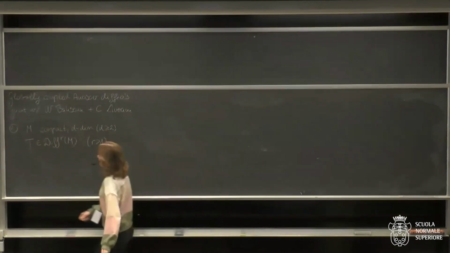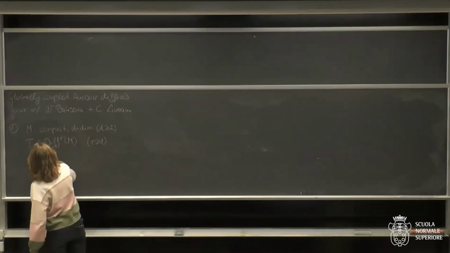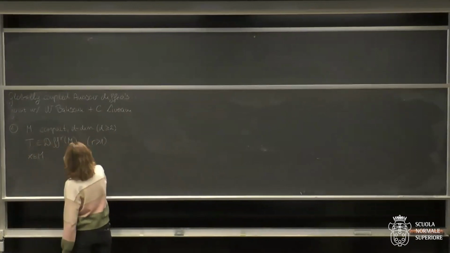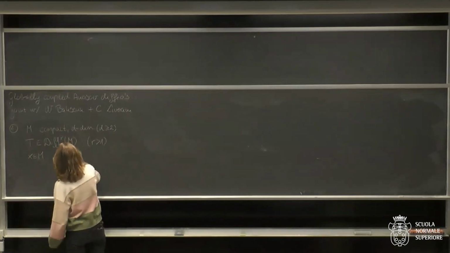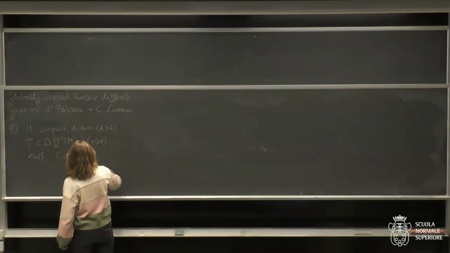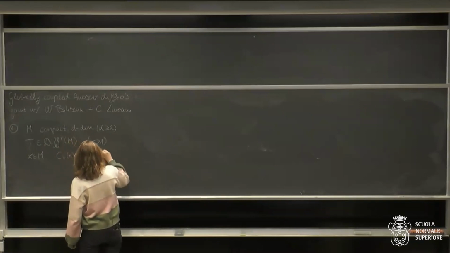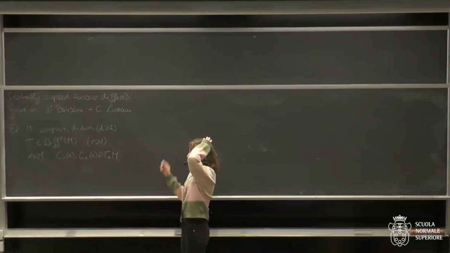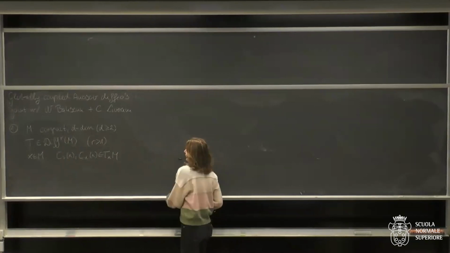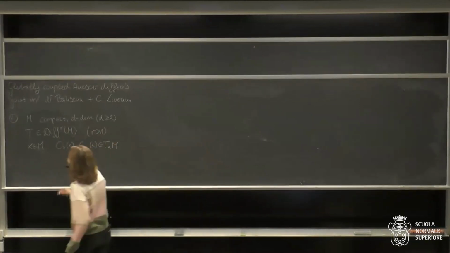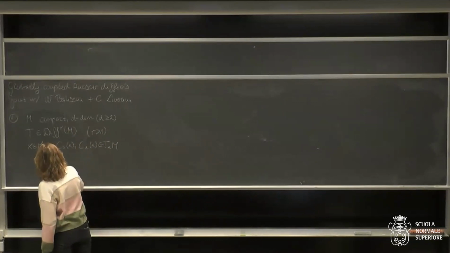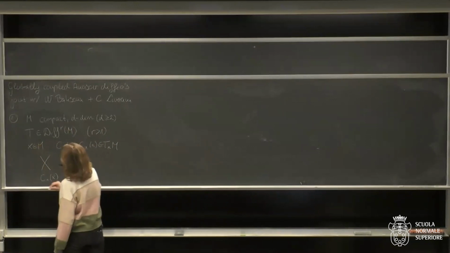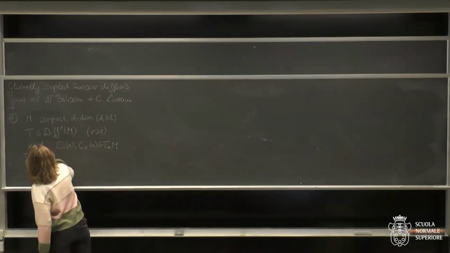So this means that for each x on this manifold, we have an unstable cone and a stable cone in the tangent space. The unstable cone is what Carlangelo mentioned in his talk. So this is a cone in the tangent space of x.